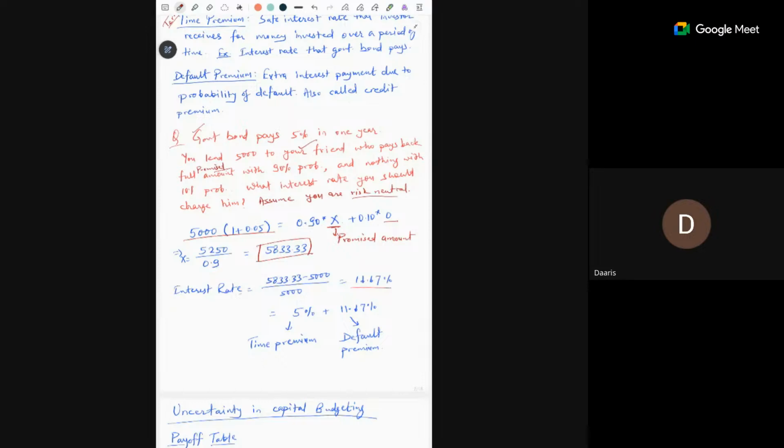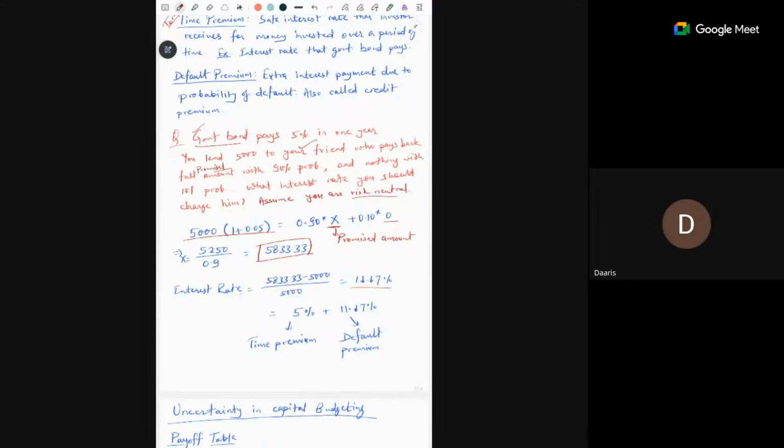Now, this 16.67% can be bifurcated into two parts. One is the safe asset, the government bonds, which pay 5%; you get that by investing in government bonds. But you are charging him 16.67%.